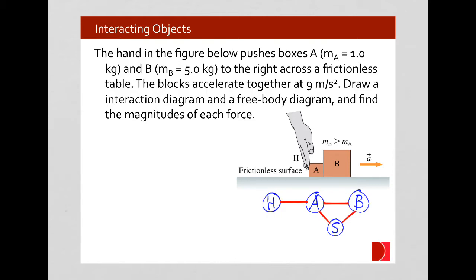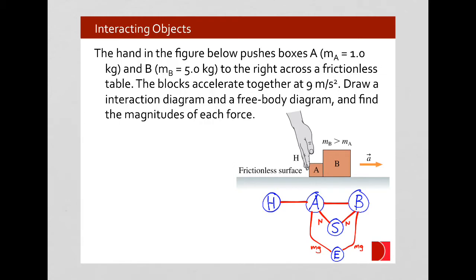All of this is taking place on Earth, and so we'll also have a force of gravity of both blocks acting on Earth. So we have mg, we have our normal forces, and we have the hand pushing block A, we have A pushing into block B.